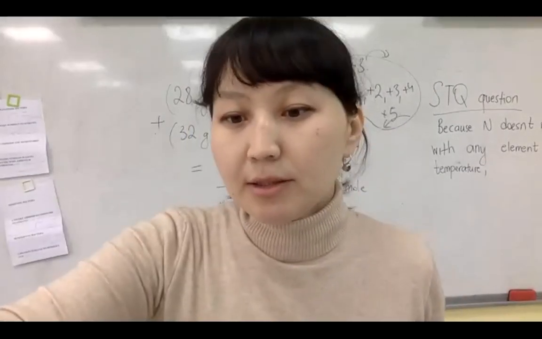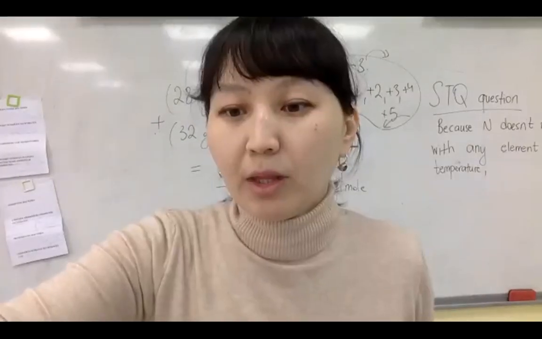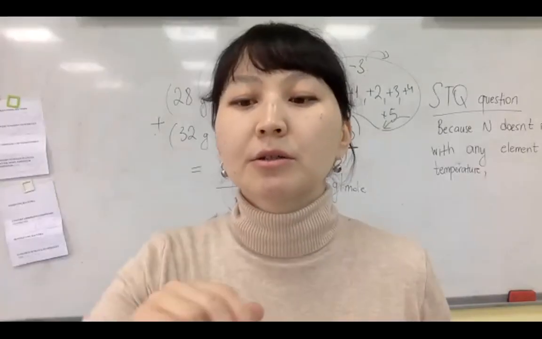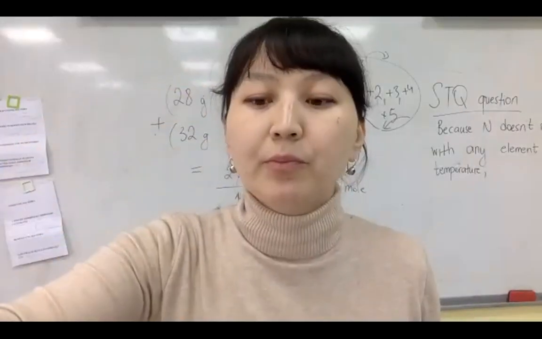Alisher, second question. Literacy question, second. Why is nitrogen an inert element? Loudly, Alisher, I couldn't hear. Why is nitrogen an inert element? Yes. What does it mean, Alisher? Inert? Inert. Is nitrogen inert? Yes, inert. Yeah, stable, stable.